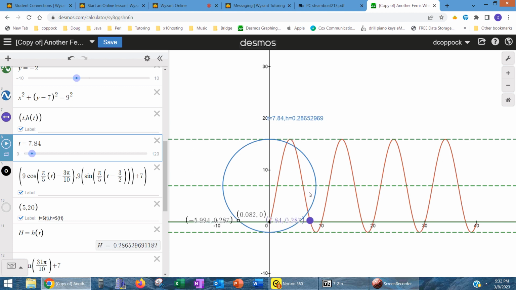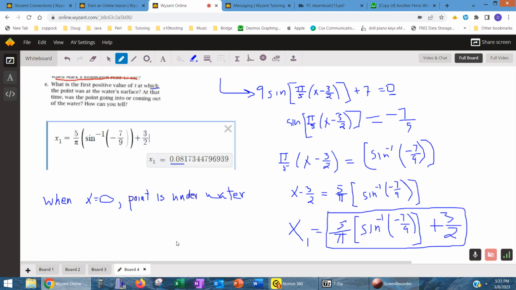Now if we wanted to find out other times when it hits the water level, there it is right there, hitting the water level. There it is again, hitting the water level. Well, that would happen when we find other values for the inverse sine of -7/9, which we could get. If I call this theta, we could replace that with 2 pi minus theta to get an angle.